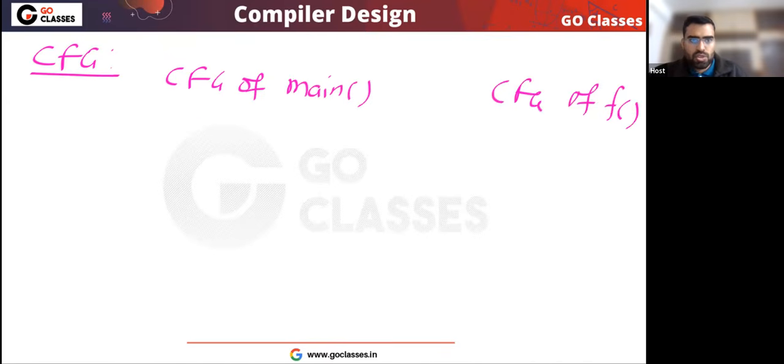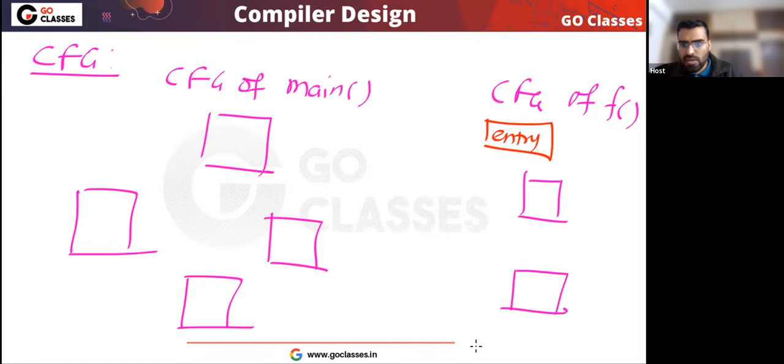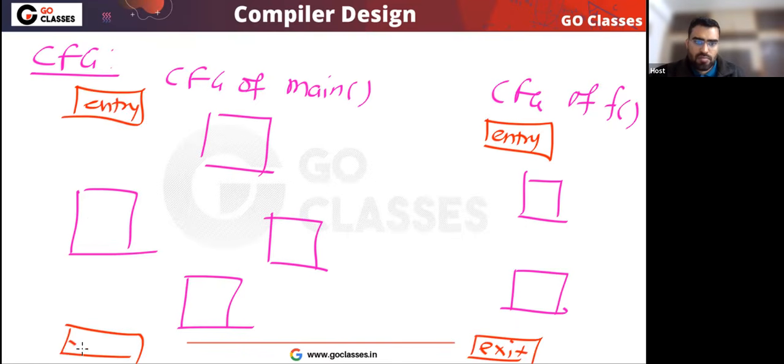Let's assume this is the control flow graph of main and this is the control flow graph of F. This is the entry block, and this is the exit block. And this is the entry block and exit block of F.